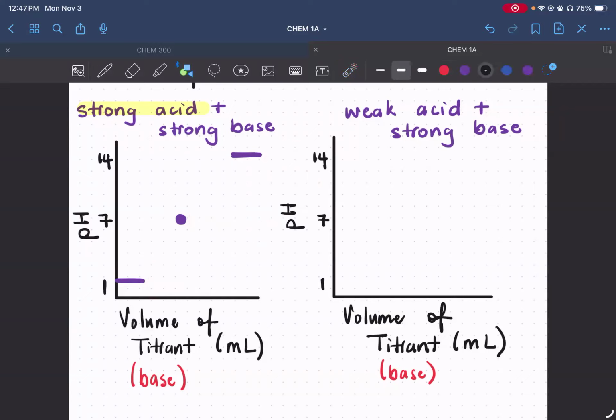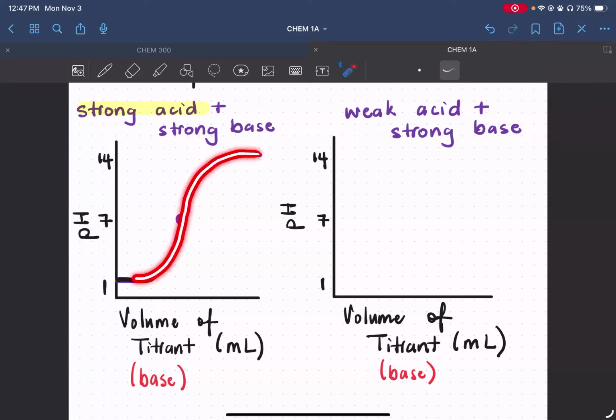All of this together leads to the following graph that looks like an S. The reason it's a curved S instead of a jagged line straight through is just because of the way these reactions work. The curve implies a little bit more gradual incline. So this will always be a curve.